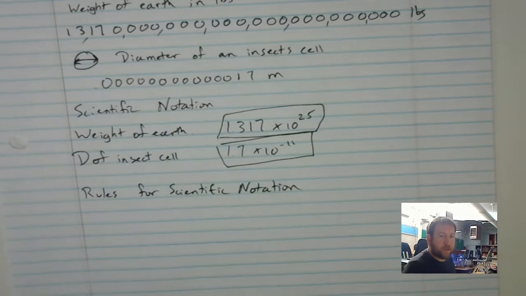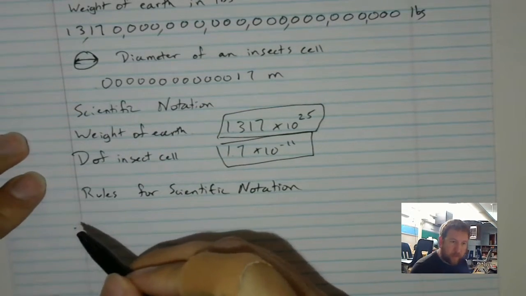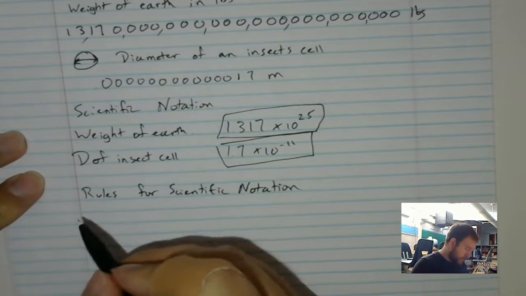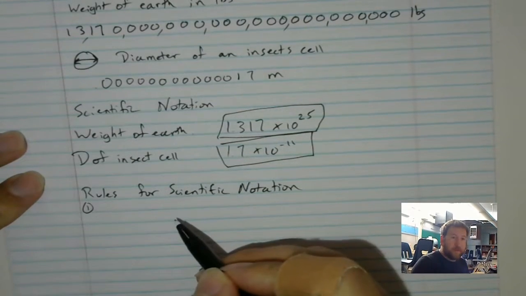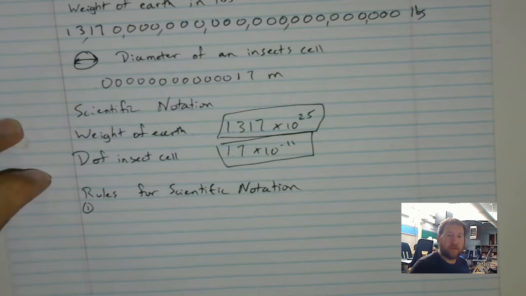Alright, first, looks like we've got some 3 steps. First, we're going to move the decimal point so that it's to the right of the first non-zero number.